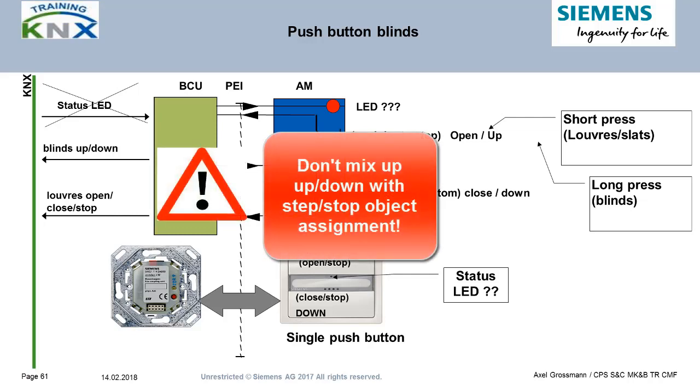But by mistake this happens quite often, because the system integrator doesn't pay attention when assigning the group addresses to the objects. In contrast to the dimming function, which has two different value formats, 1-bit and 4-bit, the blind operations are both 1-bit. We will come back to that issue in the practical lessons.